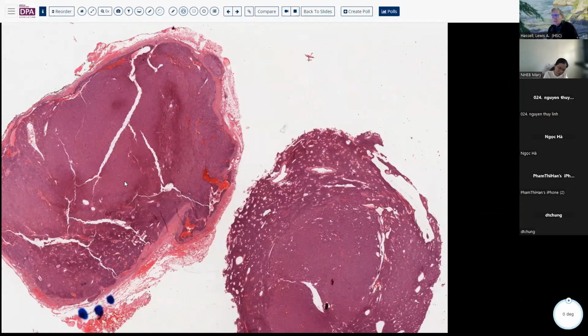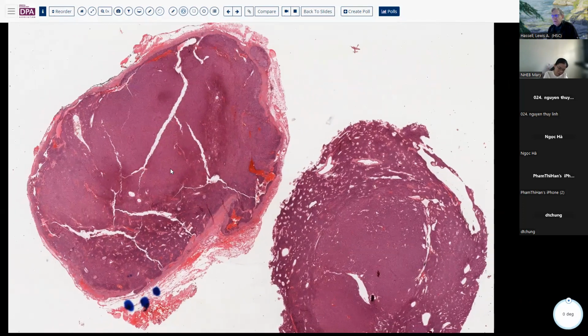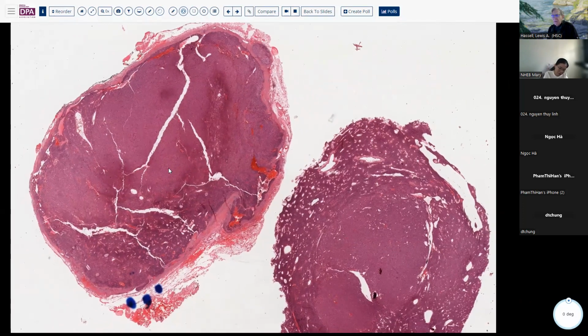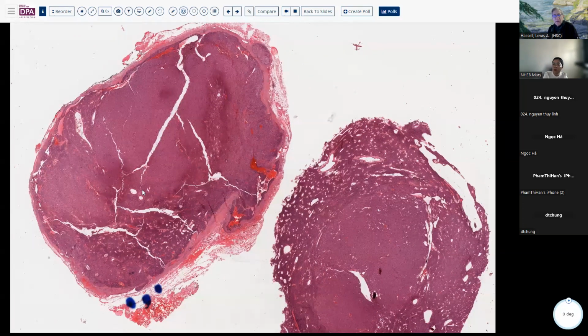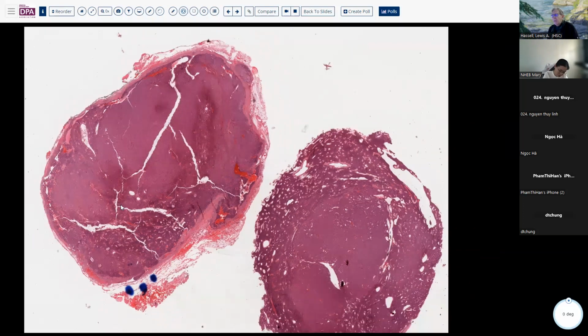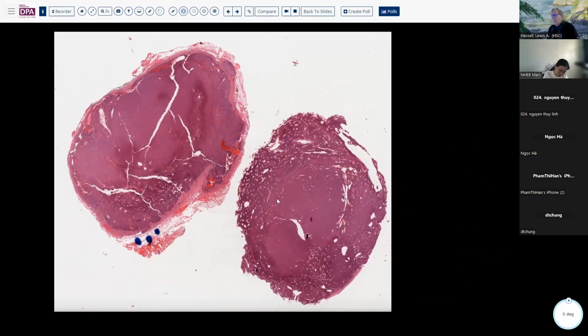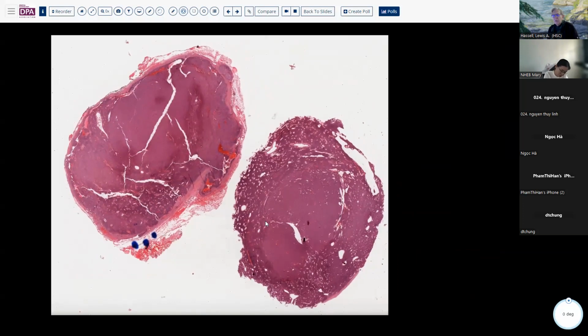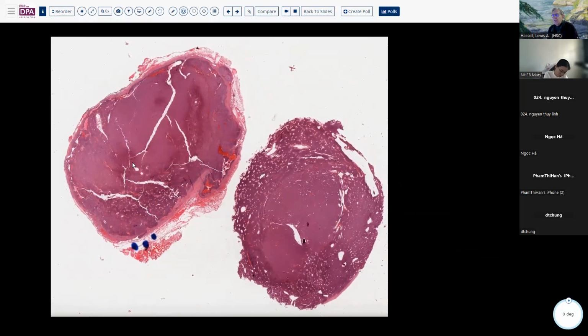And then the last criterion that is, of course, definitive is metastasis of the tumor to another site. So if you've identified it in a lymph node or in a bone or other location, that would certainly be grounds to identify that as a malignant parathyroid carcinoma.